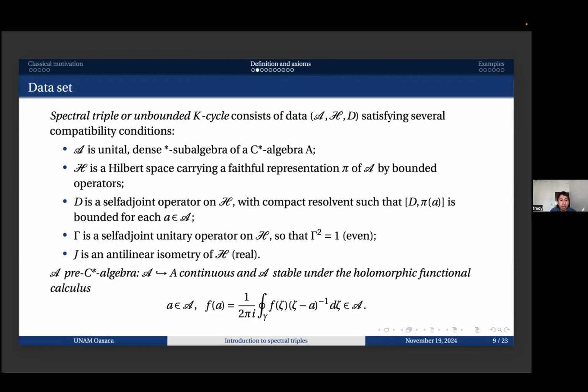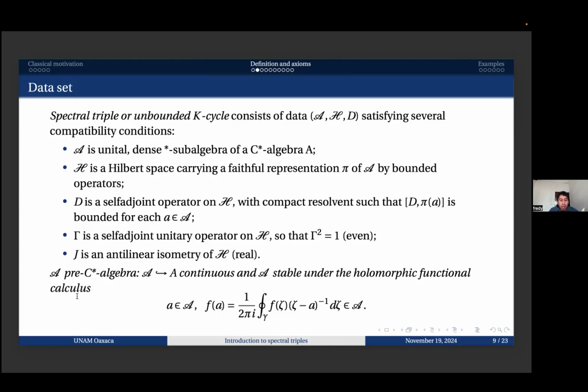This star algebra should be a dense star subalgebra of a C-star algebra A. So in principle, we have these three objects.